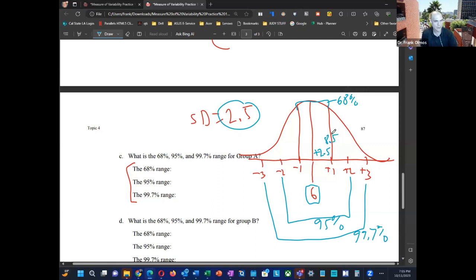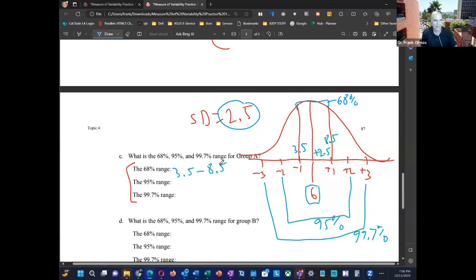Now you subtract one standard deviation from the mean, and that will give you 3.5. So the 68% range is going to be 3.5 to 8.5.